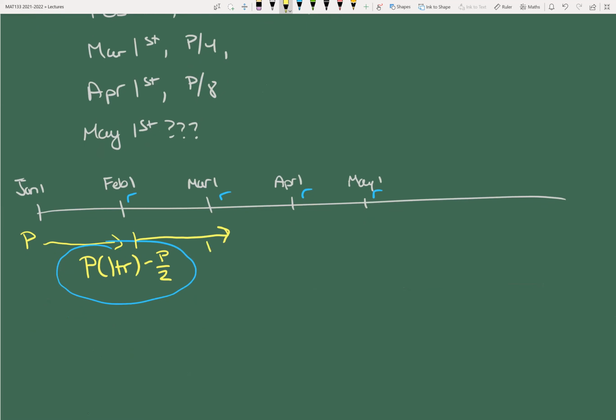On March 1st, ignore the withdrawal. Don't worry about the withdrawal for now. How much money is in the account on March 1st? This one takes a little bit longer to write out, so that's fine. I understand.